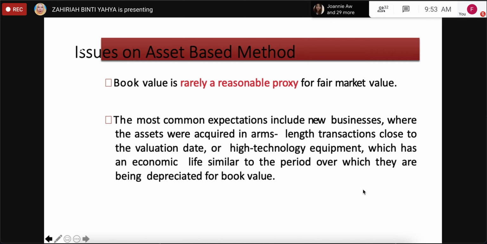Tapi macam mana book value tu diletak dalam balance sheet tu, maksud saya. Asset dia letak 800,000, liabilities dia letak berapa ribu, macam mana? Dia kira value of the asset tu lah.